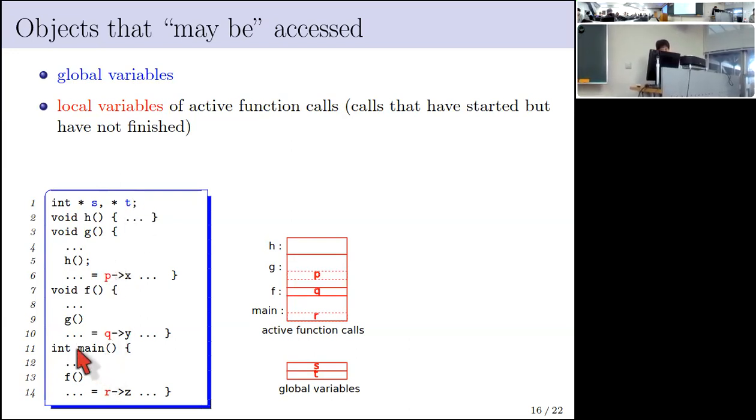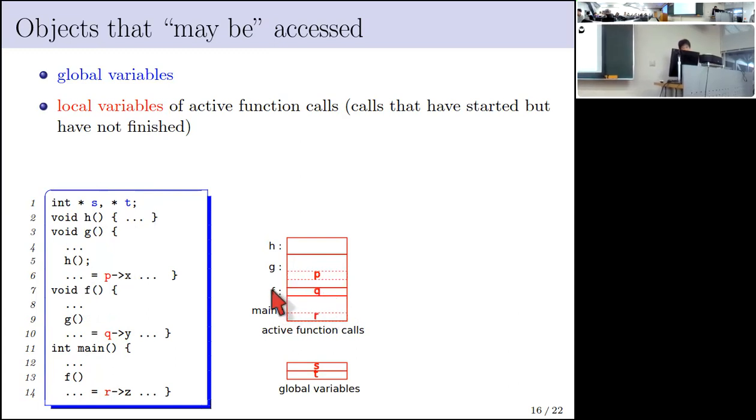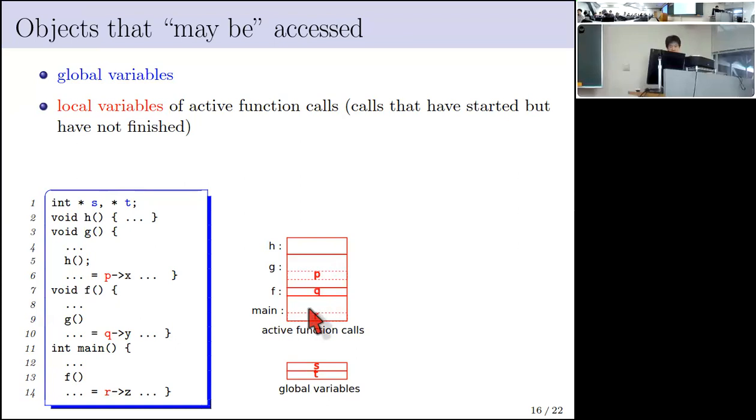Also suppose we are executing this program and main is calling F, which is calling G, which is calling H, and we are now at the beginning of this H function, which is illustrated like this. All local variables of currently executing H, G, F and main may be accessed in future. More specifically, P may be used in future, Q may be used in future, and R may be used in future.